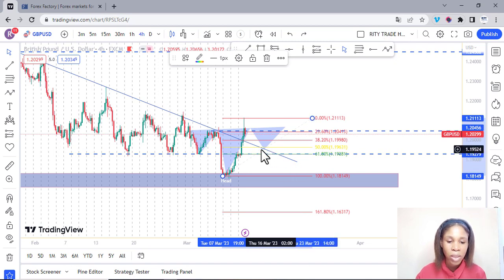So we see this zone to be the 50 retracement level, and the actual shoulder level, where we have this dotted line, is the 61.8 retracement level. So guys, this is actually amazing. So I'm expecting price to drop back into this zone and continue into the up direction.